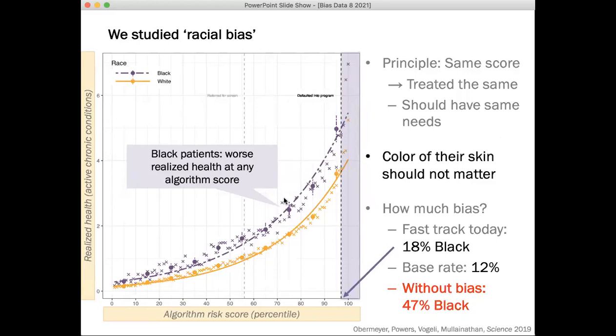So you can just think of that as the difference between these two curves, conditional on each score. That generates a statistic of extra illnesses in Black patients conditional on score. And that's the number that went down by 84% with the new algorithmic prediction.